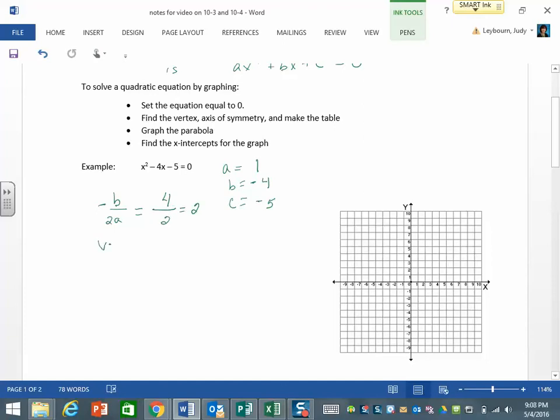So our vertex is going to be 2 for x, and now if we plug in 2 for the x values, we have 2 squared, or 4, minus 4 times 2, 8. So now we're at negative 4, and then minus 5, and we get the y value to be negative 9.